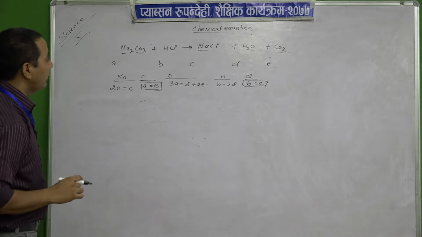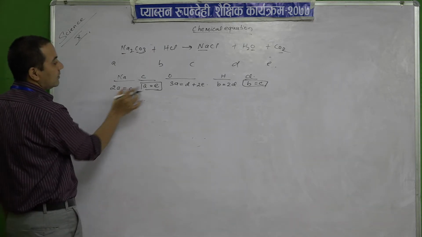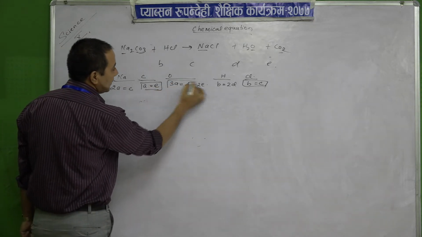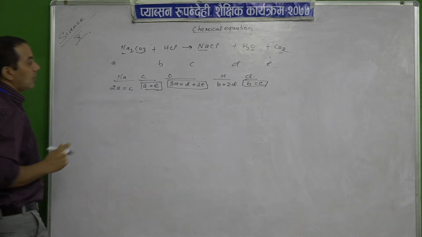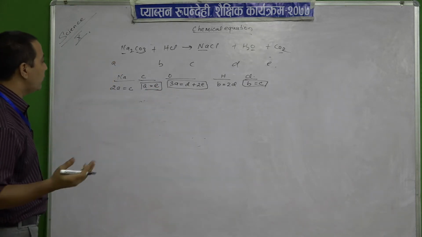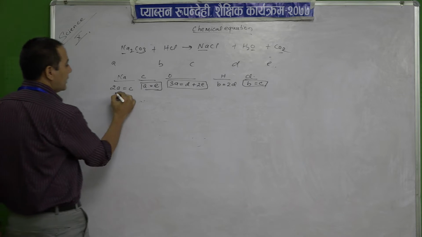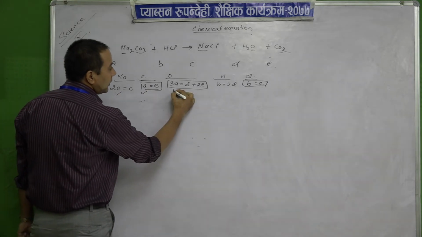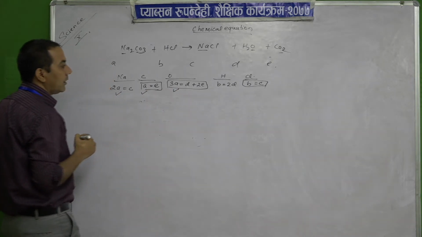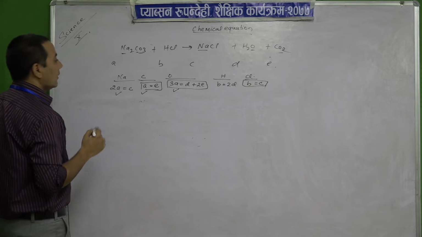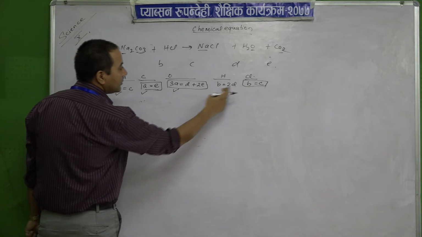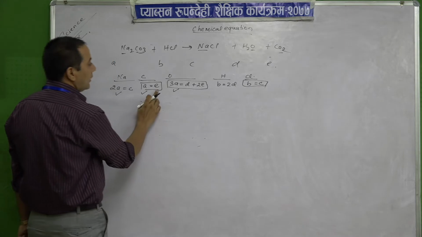So we are writing these equations down here. Now which one is repeated the most? Let's see. A is here, A is here, A is here, 3 times. C is here and there.